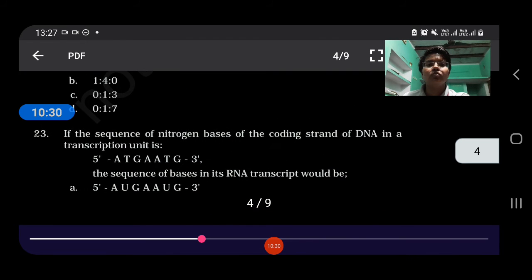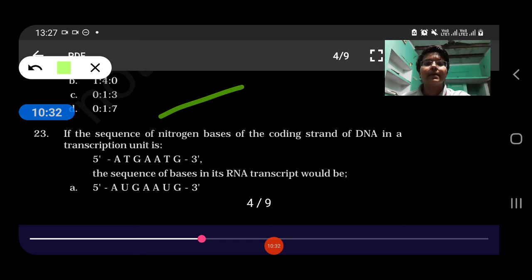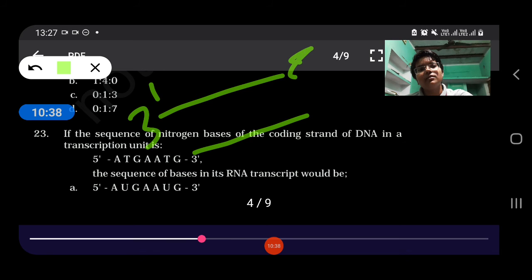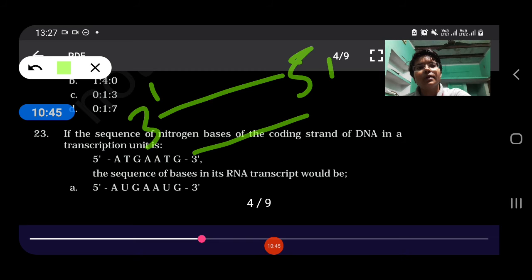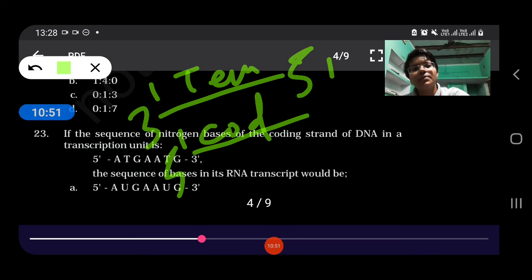As you know, this is our template and this is our coding strand. So this is the template strand and this is the coding strand, which is 5 prime to 3 prime.